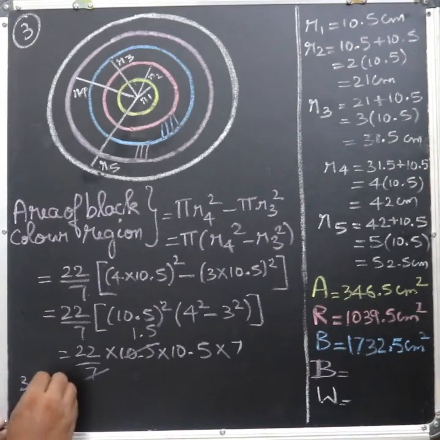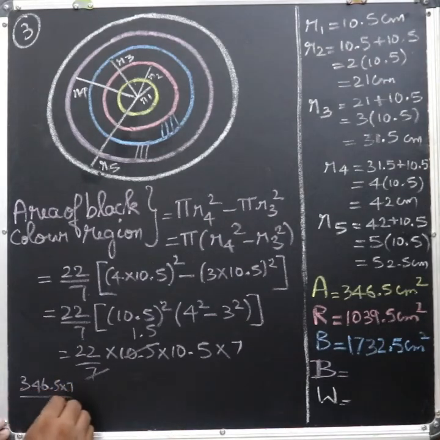So 346.5 multiplied by 7 is going to be 5 7s are 35, carry 3, 6 7s are 42, 45, carry 4, 4 7s are 28, 32, carry 3, 3 7s are 21 plus 3 is 24. So we are going to have 2425.5.